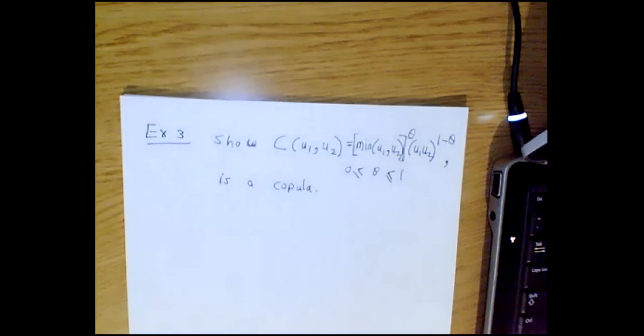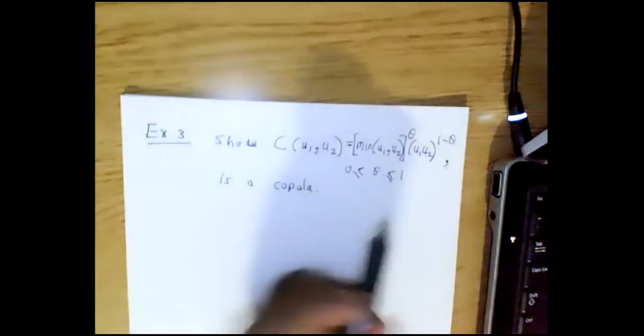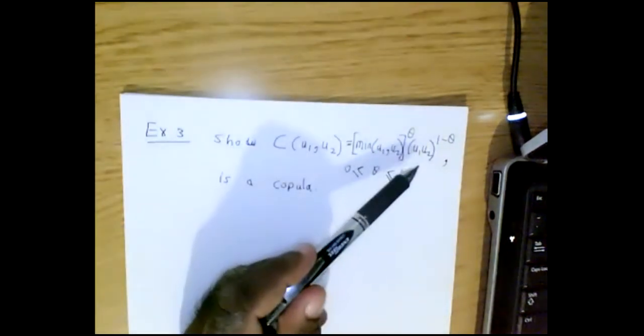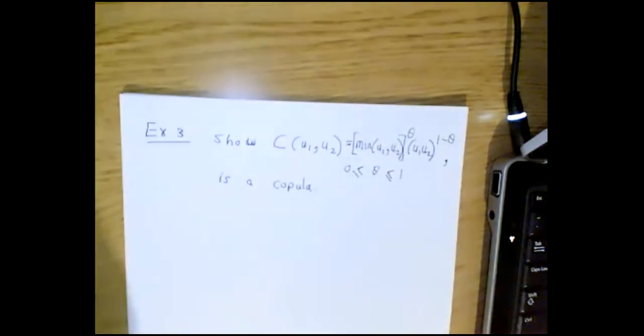All right. Okay, so here we have a minimum of u1 and u2 power theta, and then multiplied by u1, u2 times power 1 minus theta.